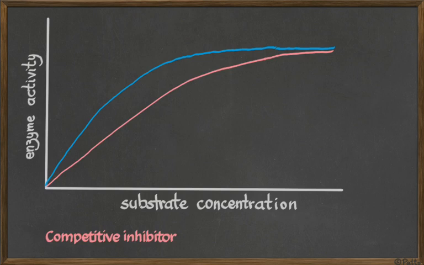If you have, for example, 1,000 enzymes and 500 inhibitors, and 0 substrate, no reaction happens. I put in one substrate, one substrate to 500 inhibitors, almost nothing is going to happen. But if I start to increase this, when I get to 500 substrates and 500 inhibitors, I already have half and half.